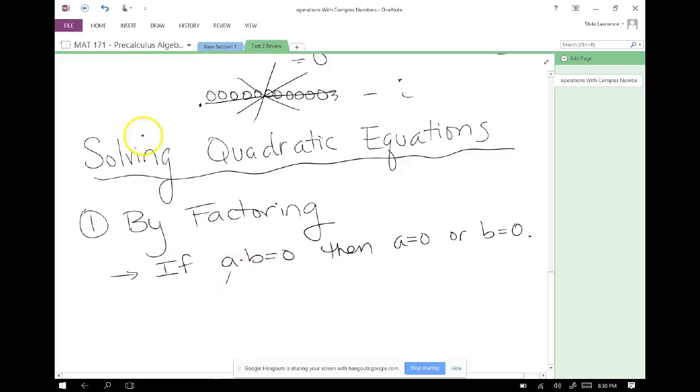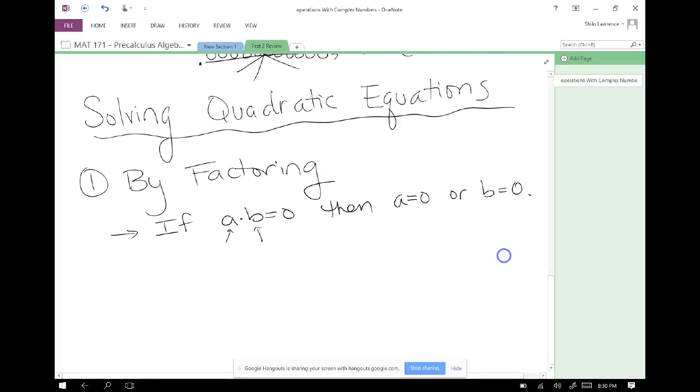This is just saying if any two things multiply to make 0, then we can separate them. So when we factor, what we're doing is we're separating our quadratic into a product of two linear factors. So the a and the b are going to be two linear factors. And solving by factoring only works if you have it set equal to 0. This is called the zero product rule.